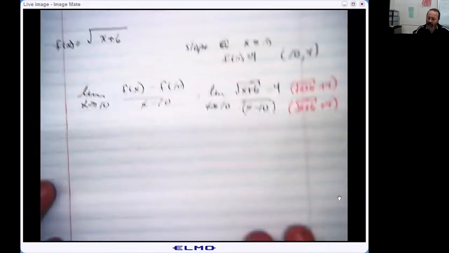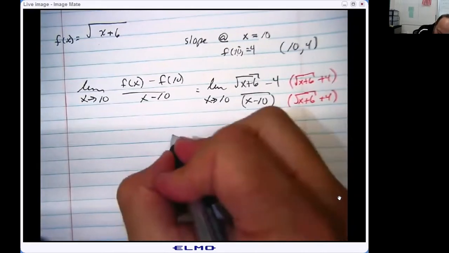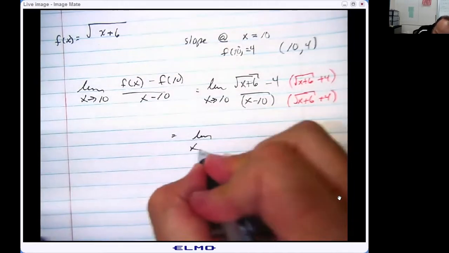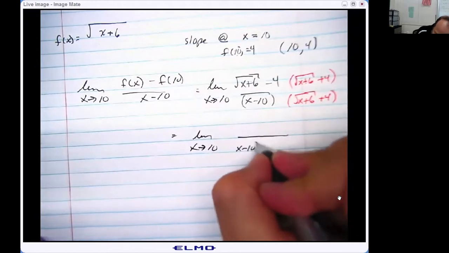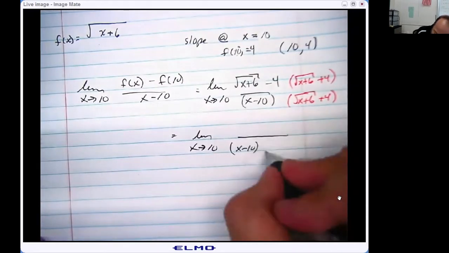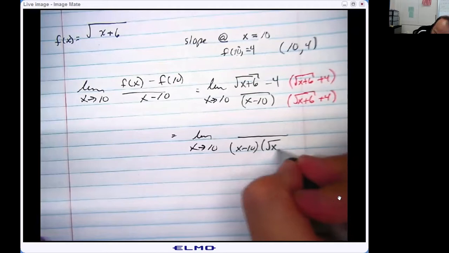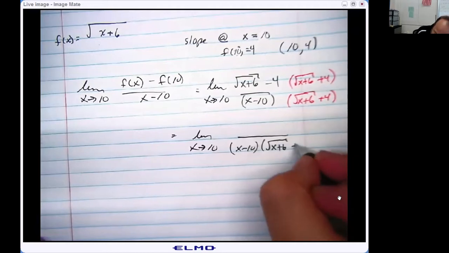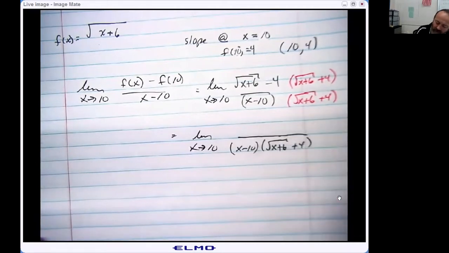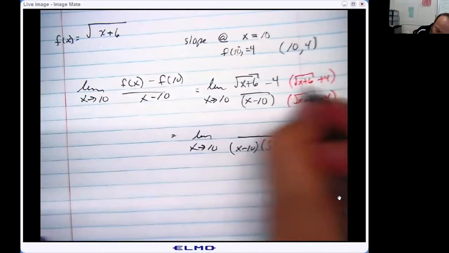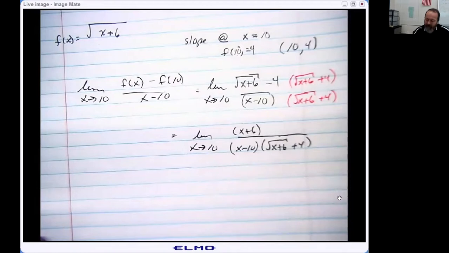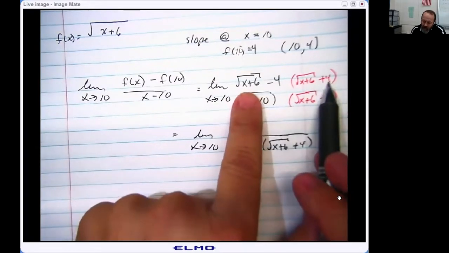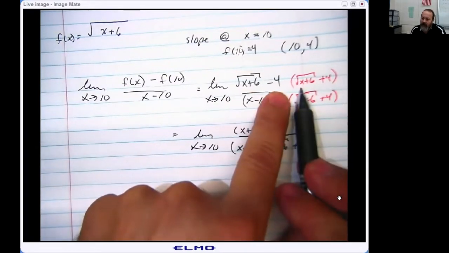So I'm going to do root x plus 6 with a plus 4. I'm going to leave the denominator unchanged because what I'm hoping is that this original x minus 10 that is sitting there is going to go away. Now notice if we start distributing, root x plus 6 times root x plus 6 is x plus 6. When we distribute, the 4 roots and the negative 4 of those roots would cancel out.